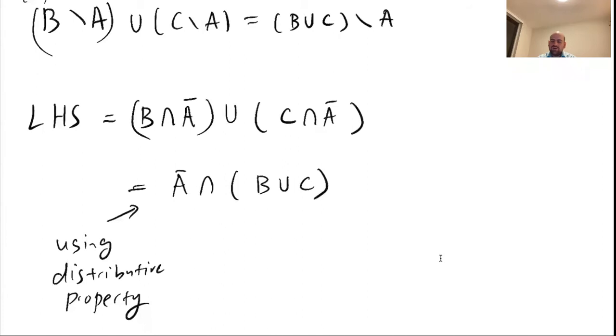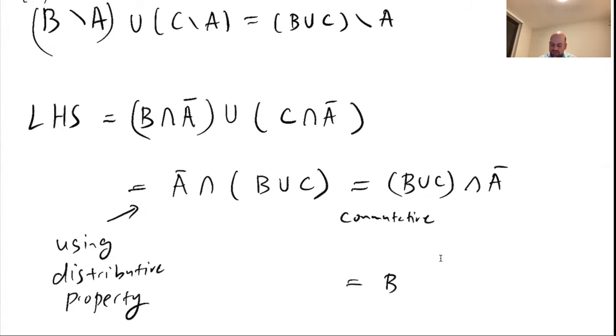The distributive property says that A bar intersection B union C is the same as A bar intersection B union A bar intersection C. And now this is the same as, by the commutative property, I can write this one as B union C intersection A bar.